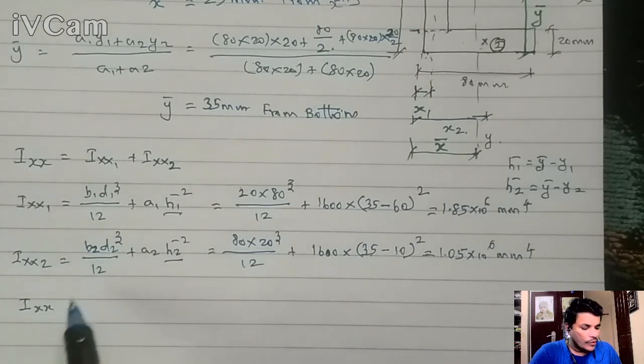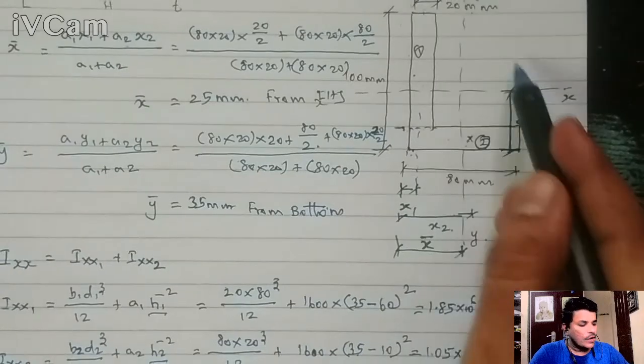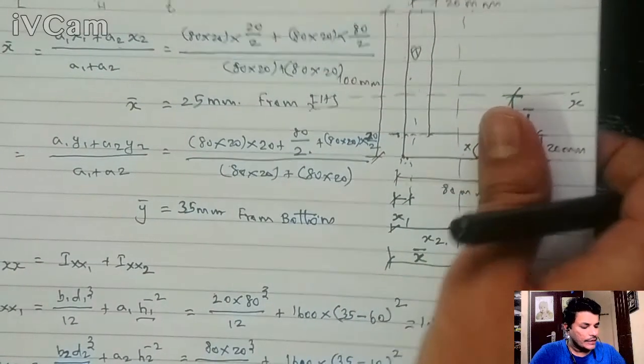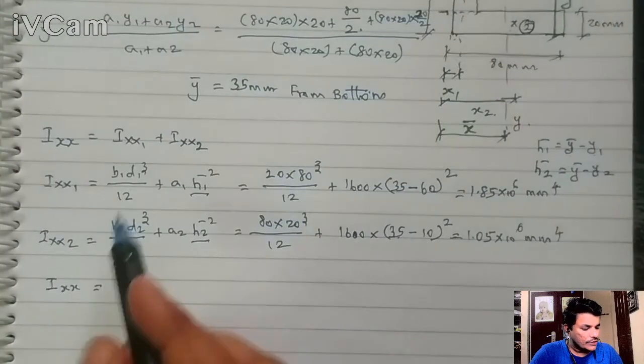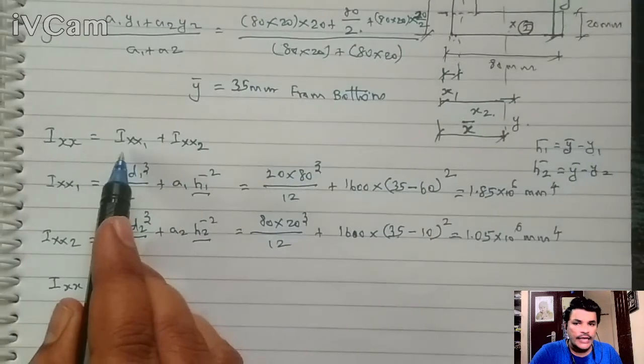Now I am going to calculate the moment of inertia of the whole angle section. First I have calculated individually, then I need to sum up these two. Ixx equal to Ixx1 plus Ixx2.